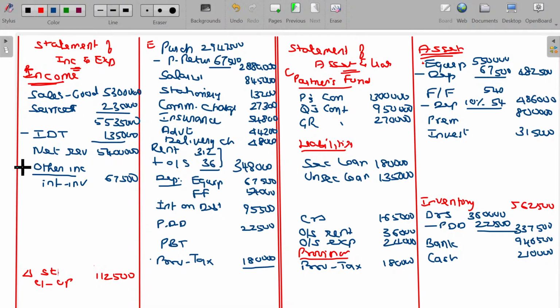Now, find out the total income. 54 lakhs 67,500 and 1,12,500. Total income being 55 lakhs 80,000 rupees. From this, you subtract the entire list from here to here.